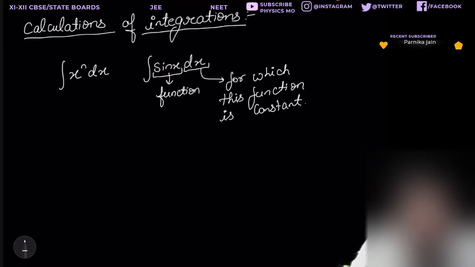So we will have certain rules and we will apply them step by step. For the first step, you will apply it to all integrations. If your integration is complete with the first step, then it's fine. Otherwise you have to move to the second step.